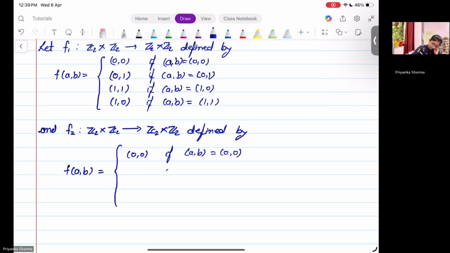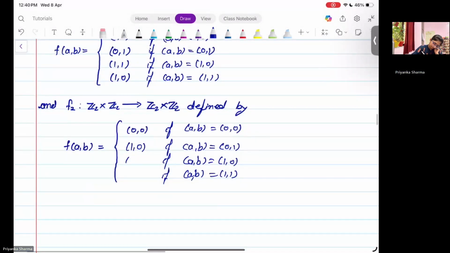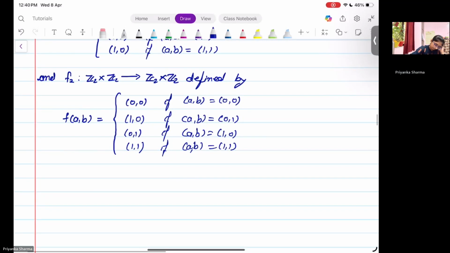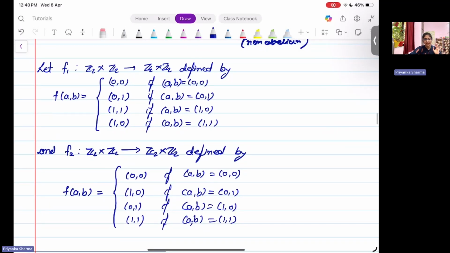And then this is 1, 0, this is 0, 1, and this is 1, 1. Clearly, both F1 and F2 are distinct and non-identity as well.